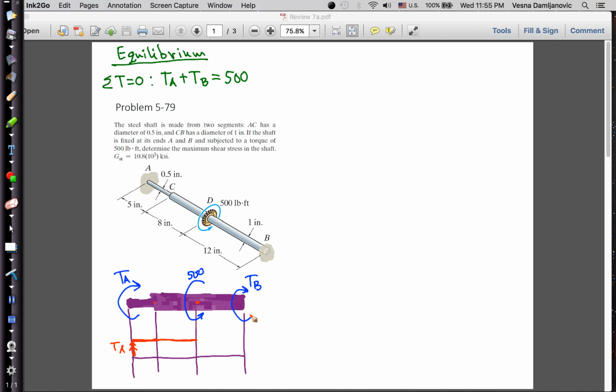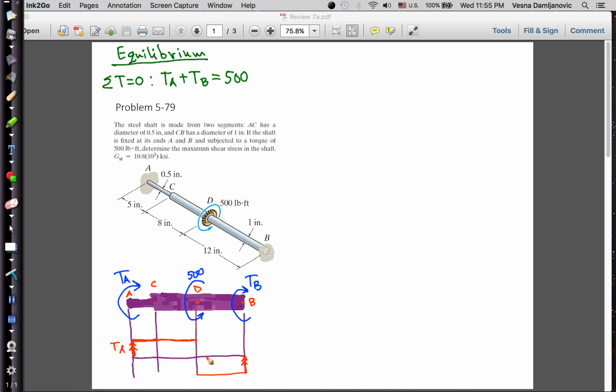Okay, so we have all these different points. This is A, this is C, D, and B. At D, the torque suddenly changes in the opposite direction and becomes 500. Now notice that this torque, the TB, has to be the same sign as TA, but it has to end at 0, right? And so I know that it should be going this way.